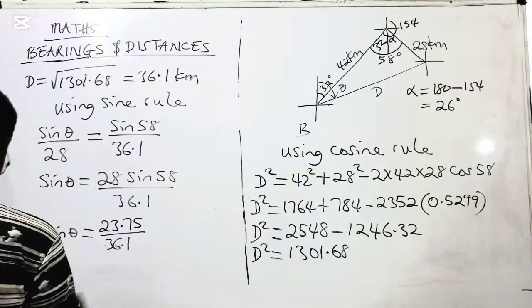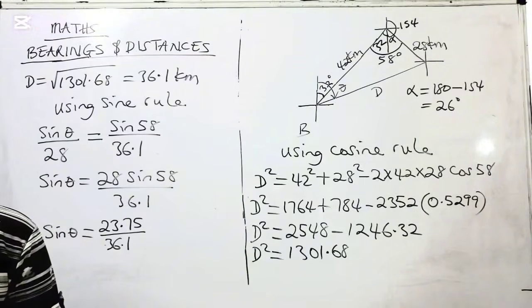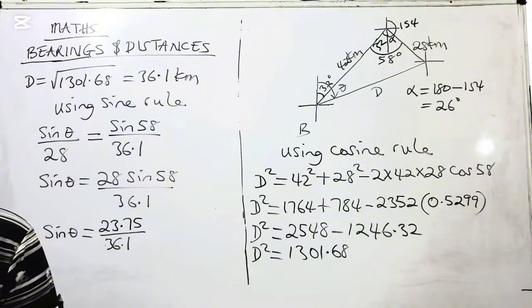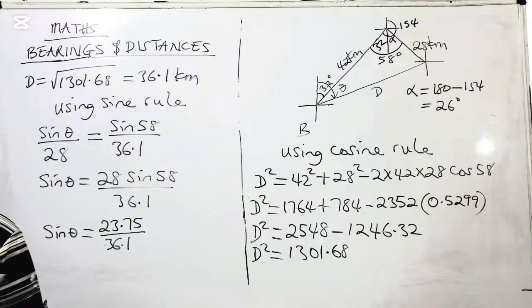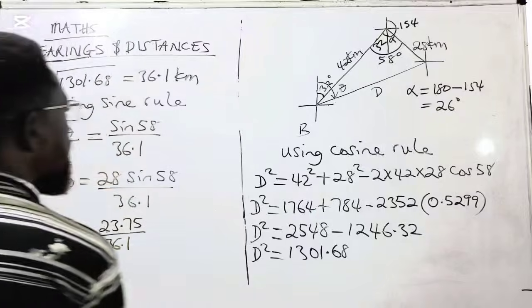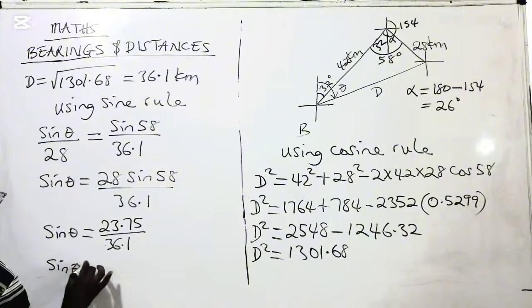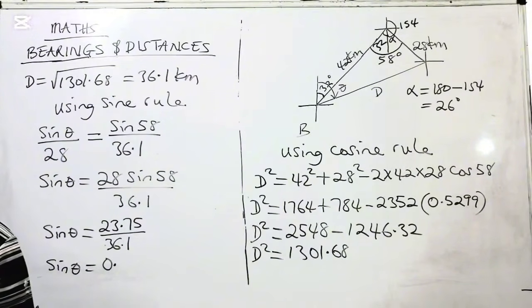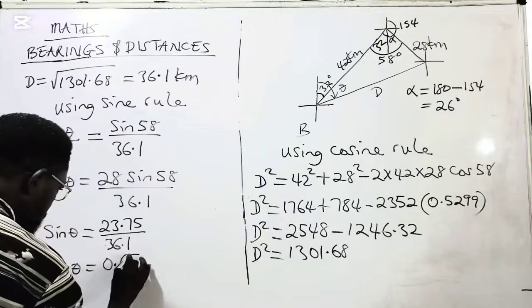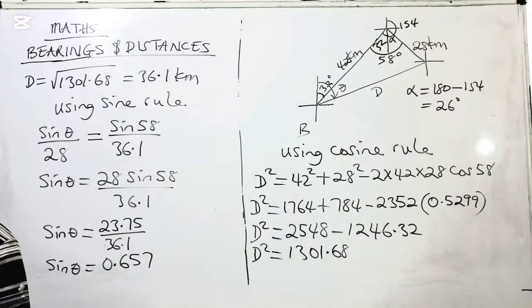So we have 23.75 divided by 36.1, which is 0.6579.